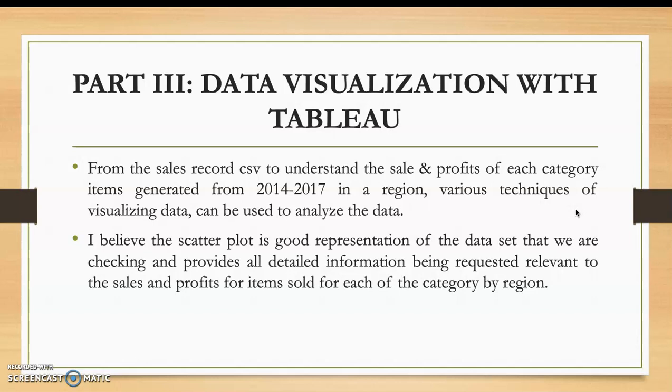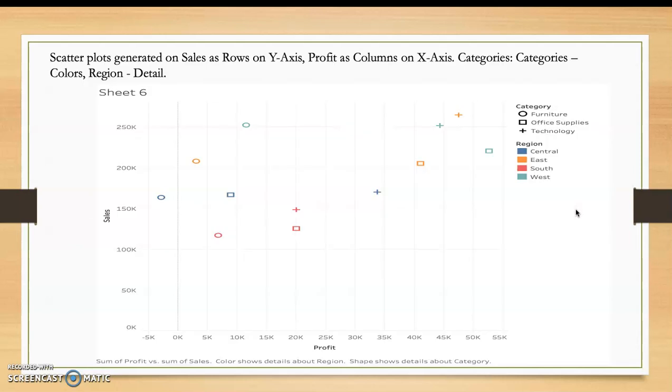We'll create a flat file and import this as a source, create a new sheet, use the data set, and create a scatter plot as a graph here with profit on our x-axis and sales on our y-axis.